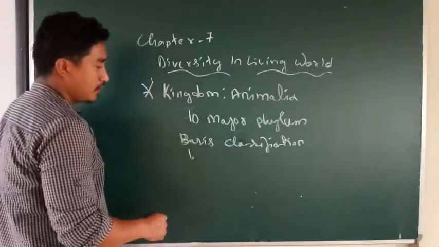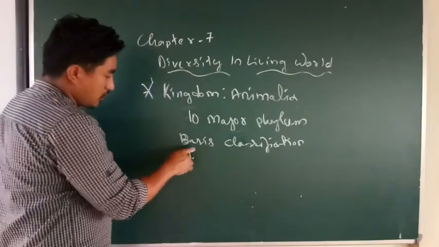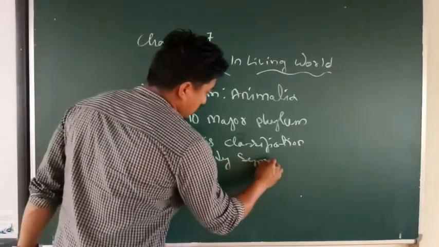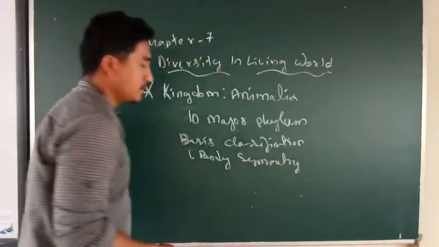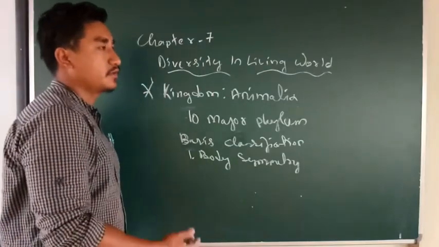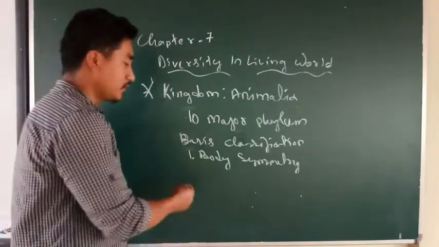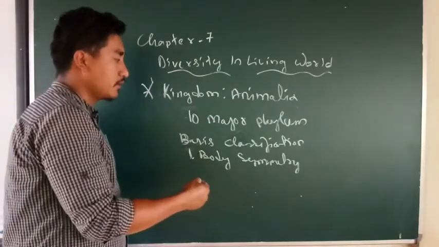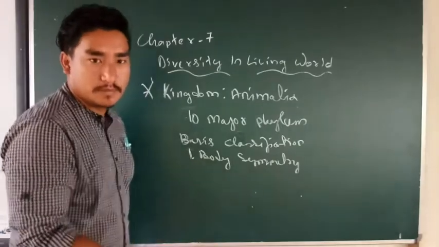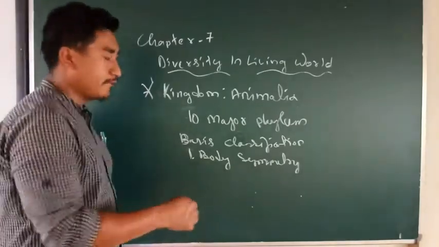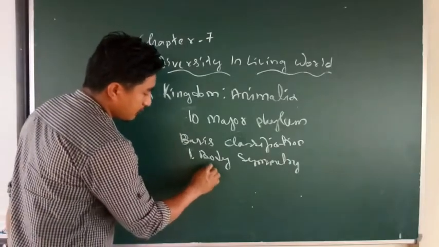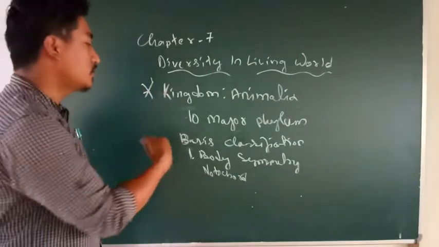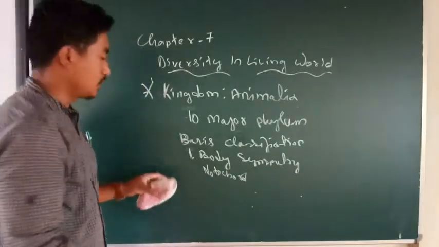Under this we have whether they are asymmetrical, radially symmetrical or bilaterally symmetrical according to body symmetry. Another basis is whether they are triploblastic or diploblastic. Then whether they have a notochord or not. So those are the different bases of classification.